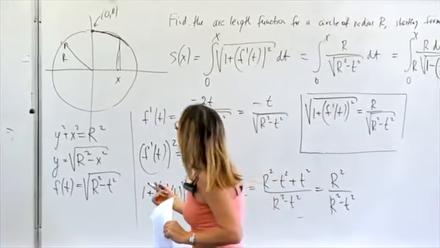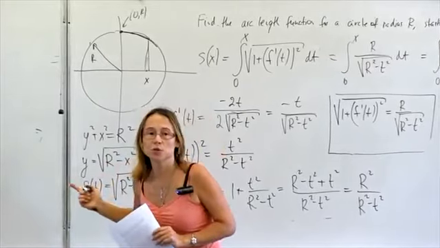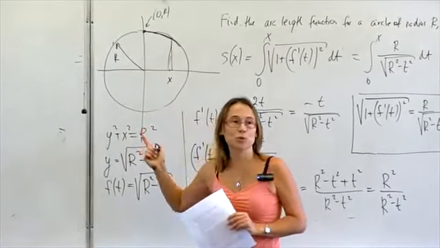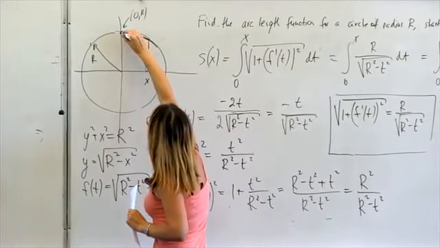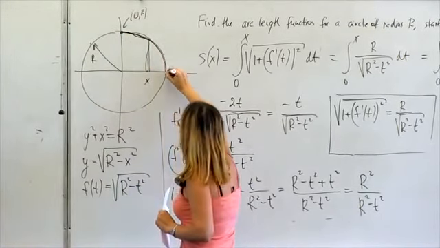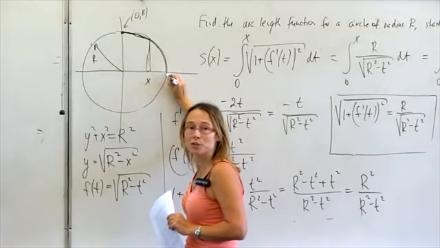So how do we check this formula? It's a circle, right? So we know a few things about the circle. For example, we know the arc length between here and here, because this is a quarter circle.